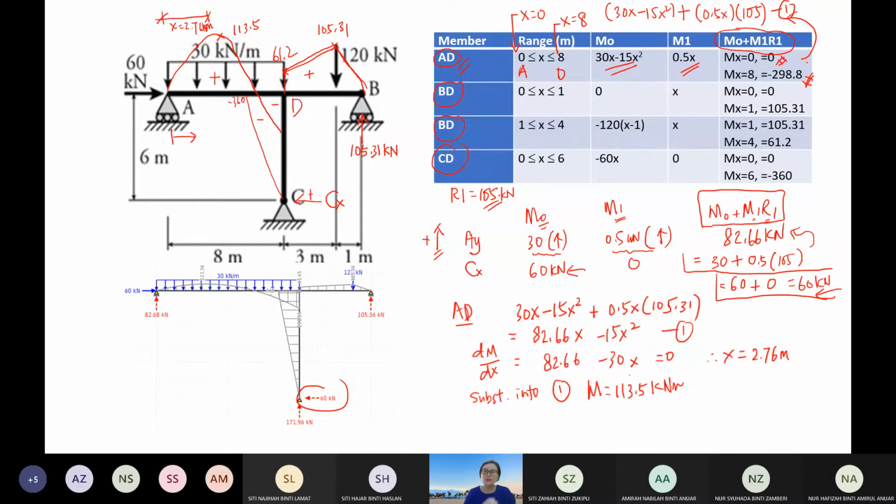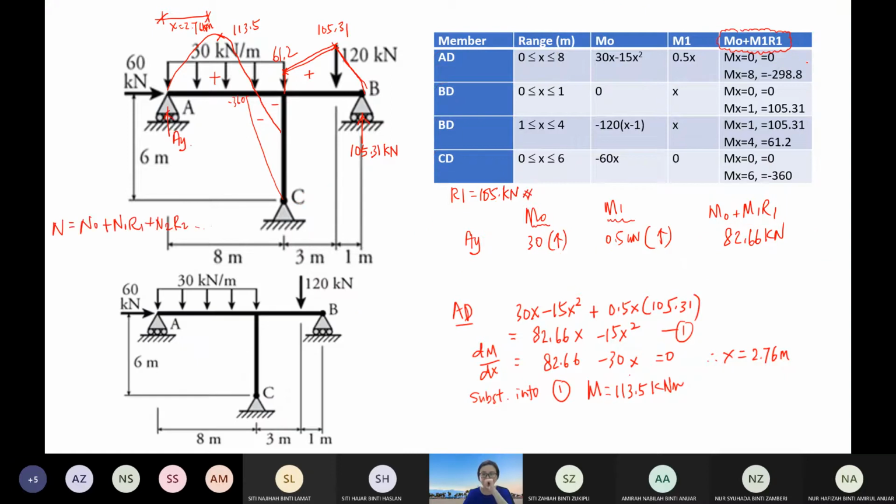So let me show you how to draw the bending moment diagram. I repeat the important points for AD. This point is A, this point is D, moment at D. So I will start to plot these values into the diagram. I have prepared it here. A is 0 moment, so I plot it 0.